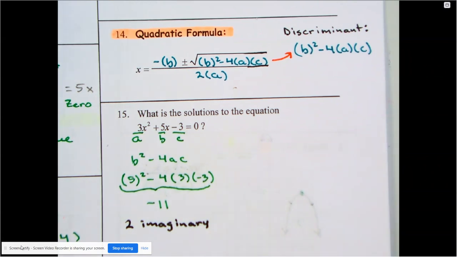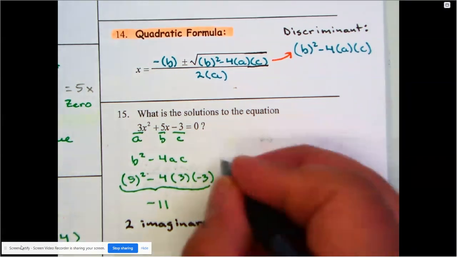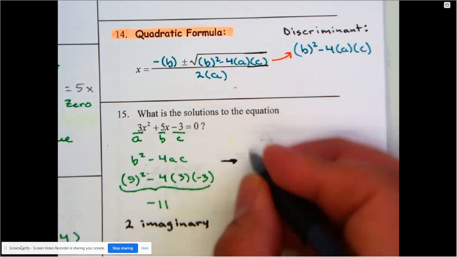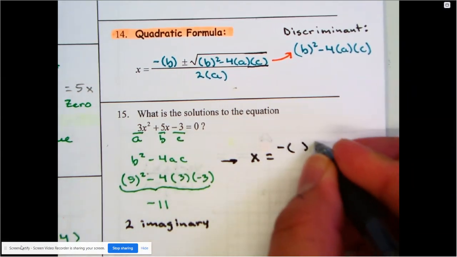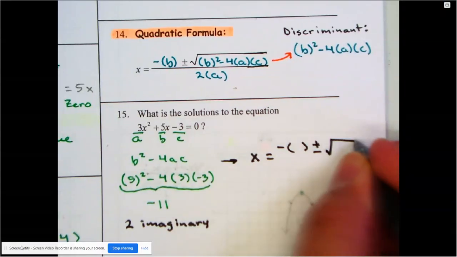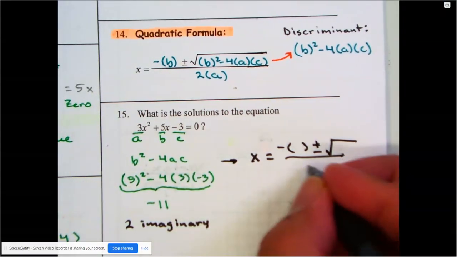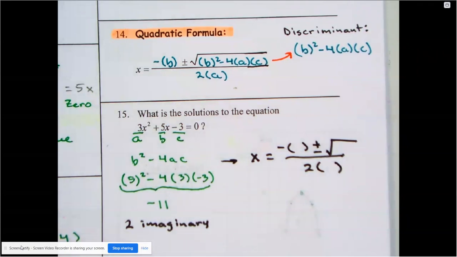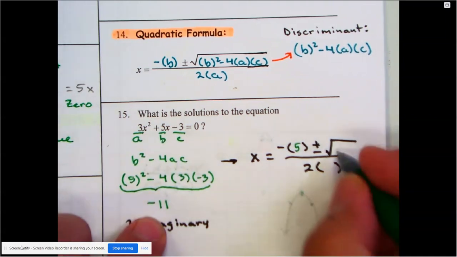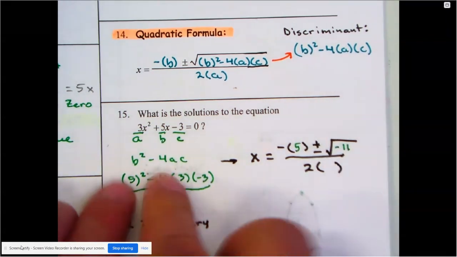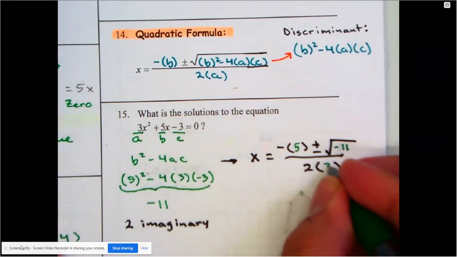And then what we normally did right after this was we finished the quadratic formula, where it says x is equal to negative b plus or minus, but now I'm just going to put the discriminant over 2a. So here's my b value 5, my discriminant was negative 11, and my a value was a 3.